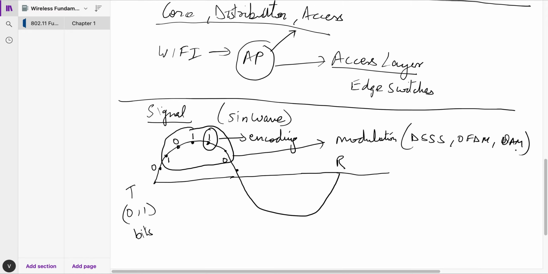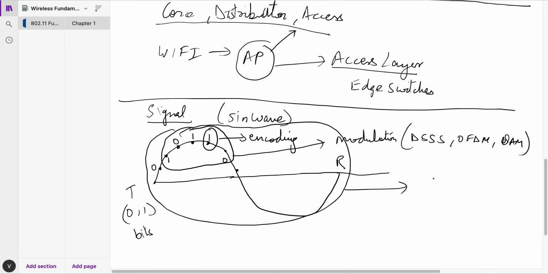And once modulation is done, the resultant signal that comes out is called a carrier signal.